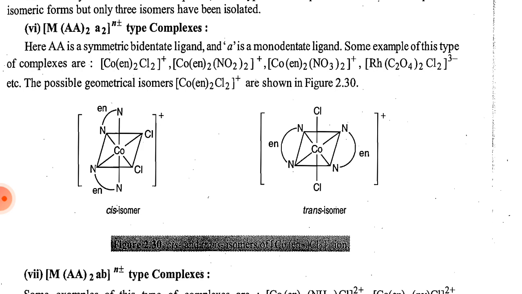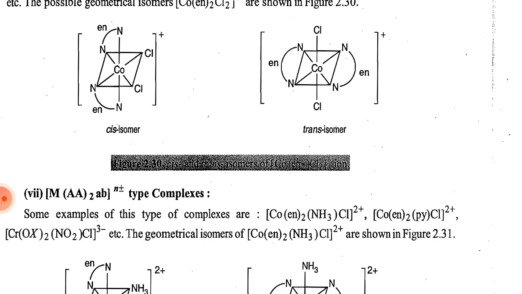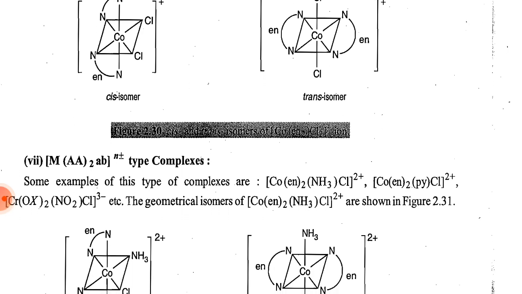Some examples of this type of complex: [Co(en)2Cl2] plus, [Co(en)2(NO2)2] plus, [Co(en)2(NO3)2] plus, and [Co(C2O4)2Cl2] 3 minus, etc. The possible geometric isomers of [Co(en)2Cl2]: the cis isomer, where the same donor atoms are adjacent to each other, and the trans isomer, where the two donor atoms are opposite to each other.